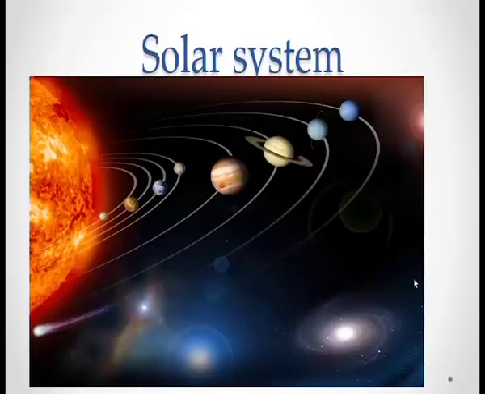This is how theories and observations in astronomy proposed the age of our solar system as 4.5 billion years. This is an artistic view of the solar system.